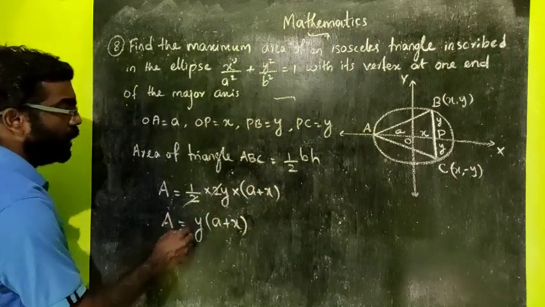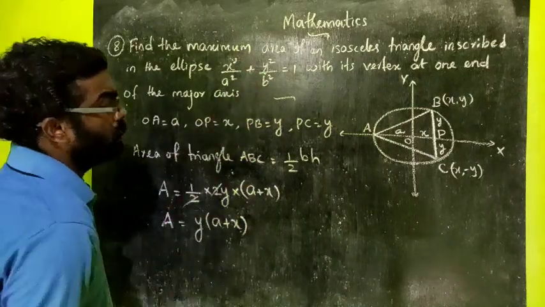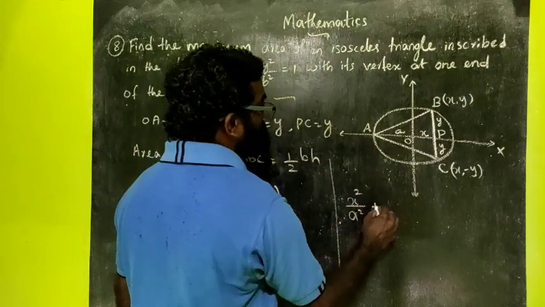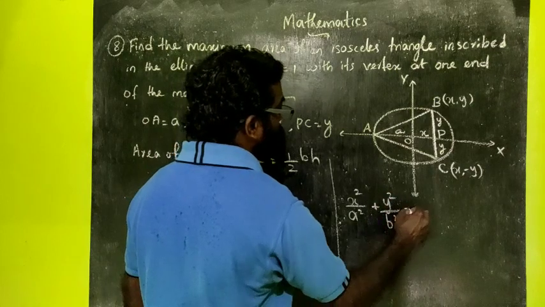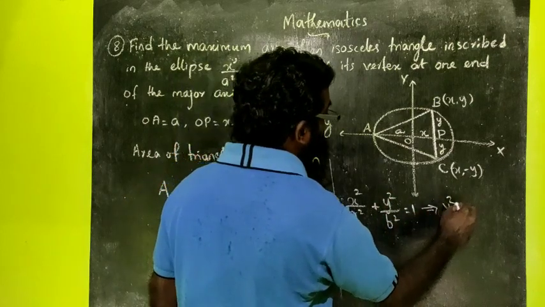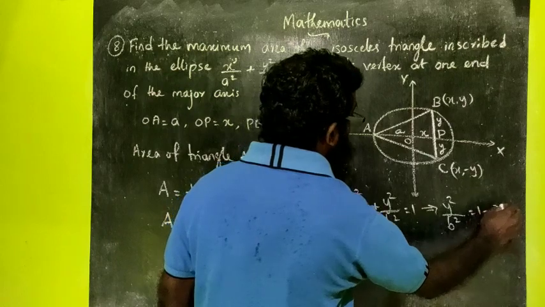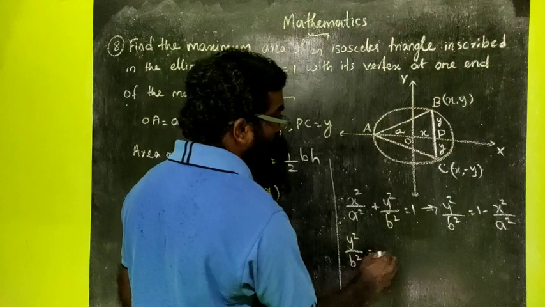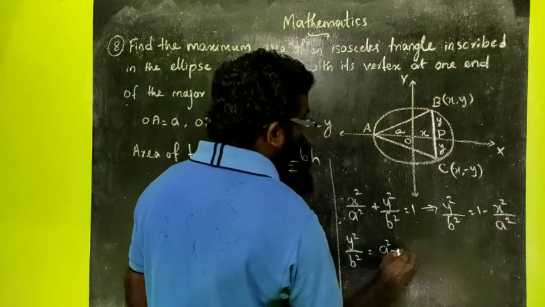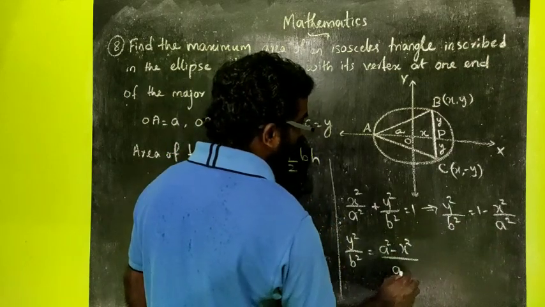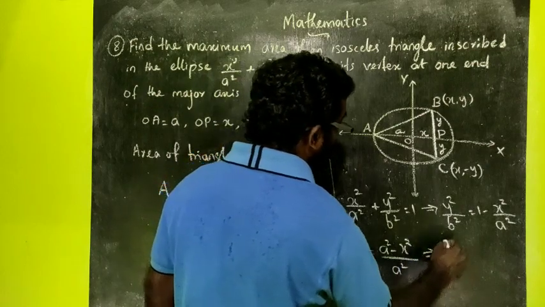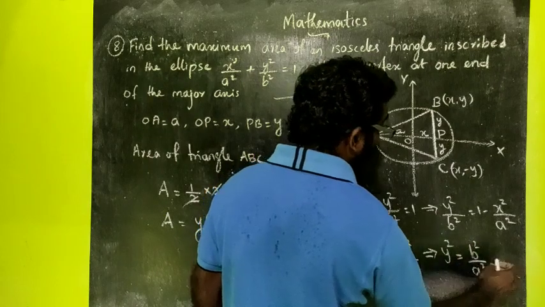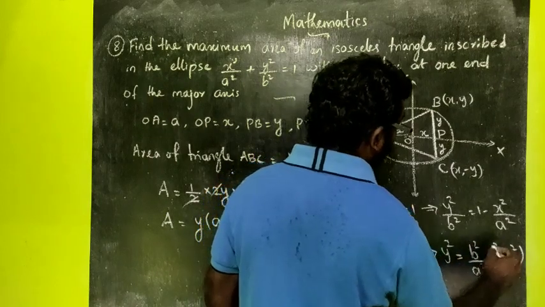Now we have to replace the value of y from the given equation. So we can solve the equation x square by a square plus y square by b square equal to 1, which implies y square by b square is equal to 1 minus x square by a square. That is y square by b square is equal to, on cross multiplication we get a square minus x square by a square, which implies y square is equal to b square by a square into a square minus x square.